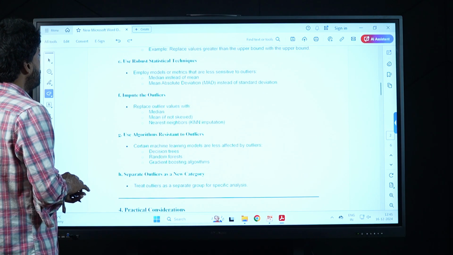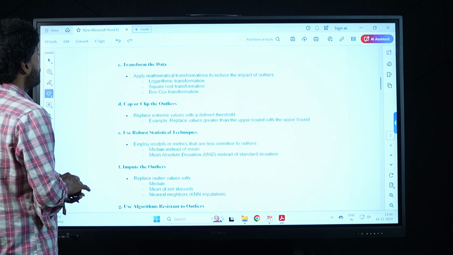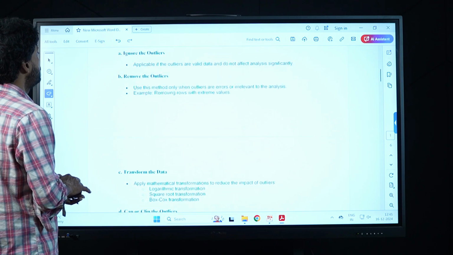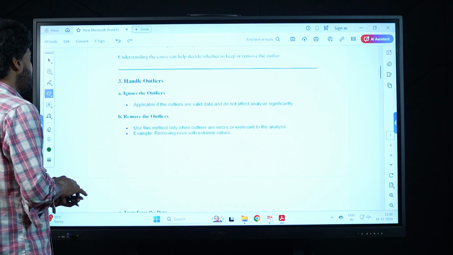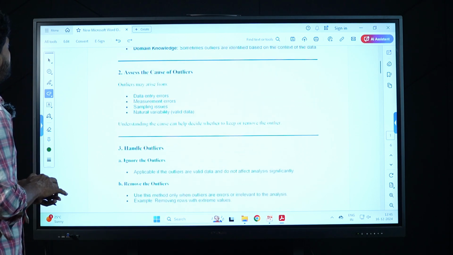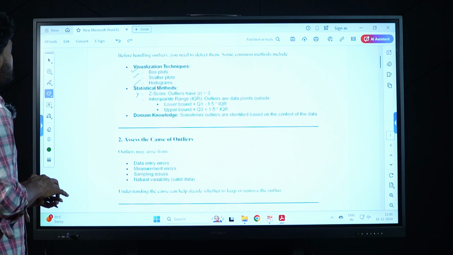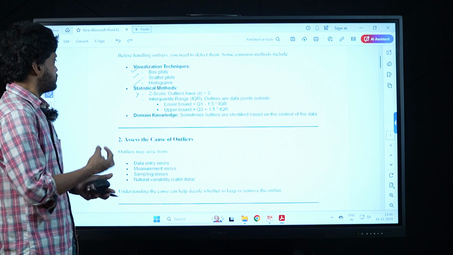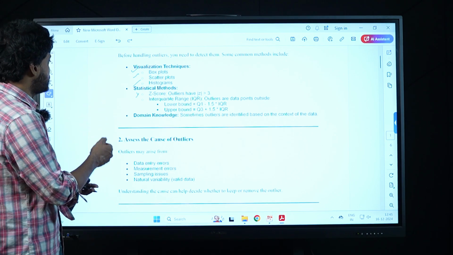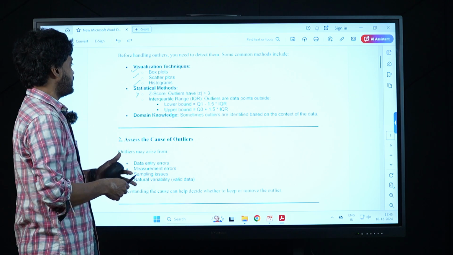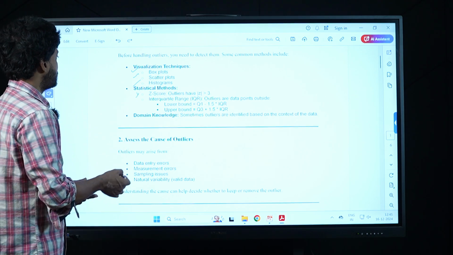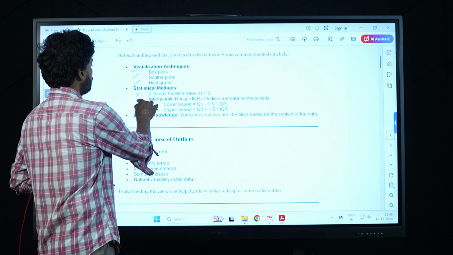Another thing is, first one is to identify the outliers, visualize the outliers, and find statistical outliers. In identifying, we use statistical methods such as Z-score or interquartile range. You know what an interquartile range is?